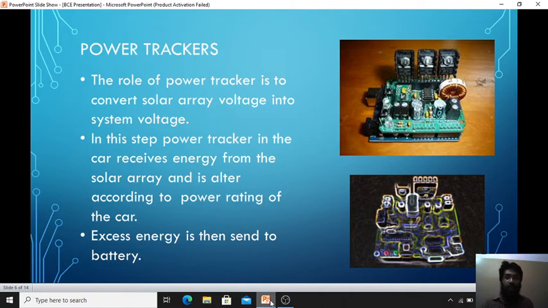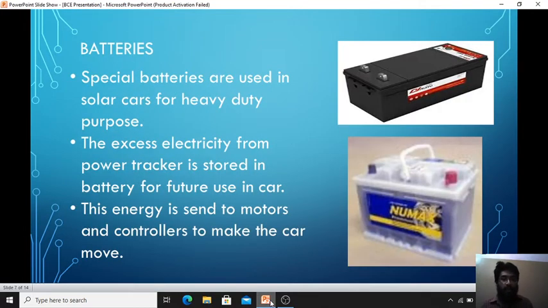Here the user of the car is basically the driver. That's how all the machines are supposed to work, as required by the user. And one important point: the excess energy is sent to the batteries. What the batteries do, I'm going to discuss now.